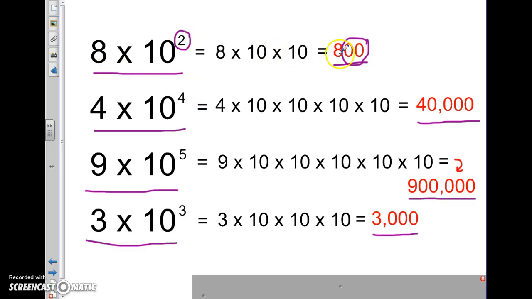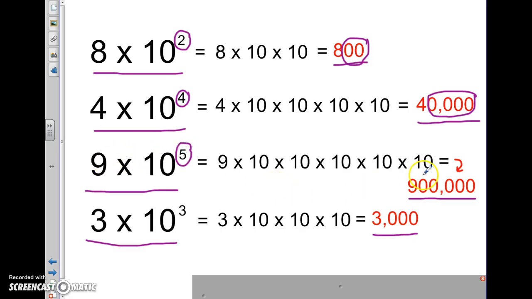So we have 800, and that's 8 times 10 to the second. There's 8, and then there's 2 zeros. 4 times 10 to the fourth, we've got our 4 followed by 4 zeros. It's 10 to the fourth. So 9 times 10 to the fifth should be a 9 followed by 5 zeros.